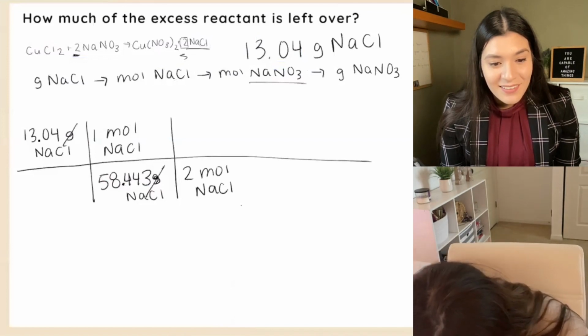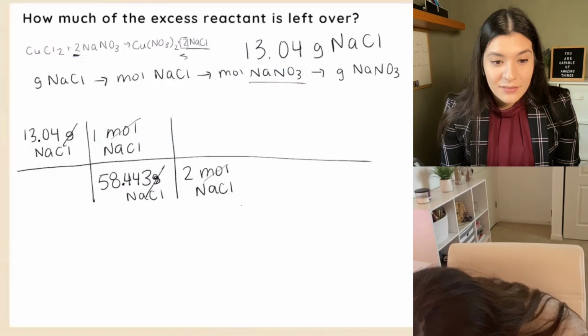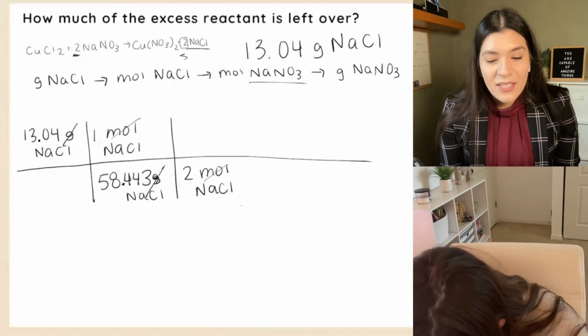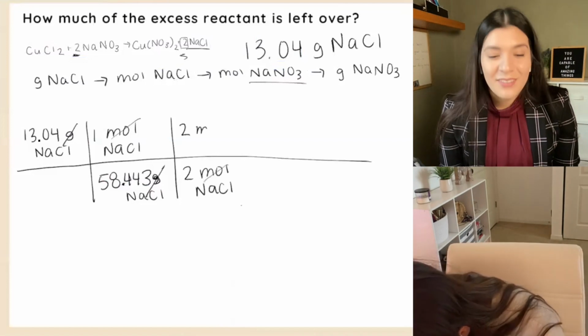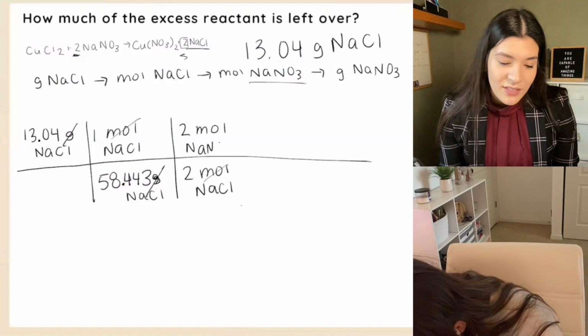And then the grams of... Not the grams, hold on. Where are we going? Good. Oh. We're trying to get to moles again. There you go. So we do 2 moles of the NaNO3. Perfect.